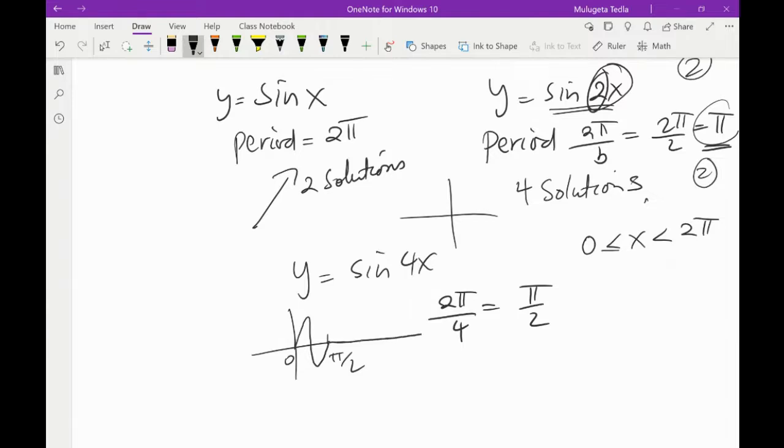But if they say to do it up to 2 pi, then from pi by 2 up to pi there is another one, and up to 3 pi by 2 there is another complete curve of the sine. So anytime we have a multiple of the angle, the number of solutions will be multiplied. There will be many x values which satisfy this equation.